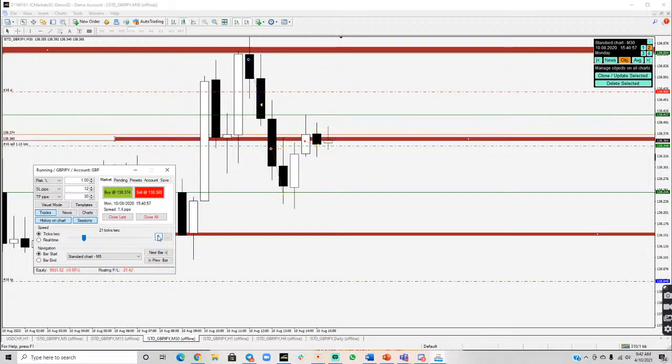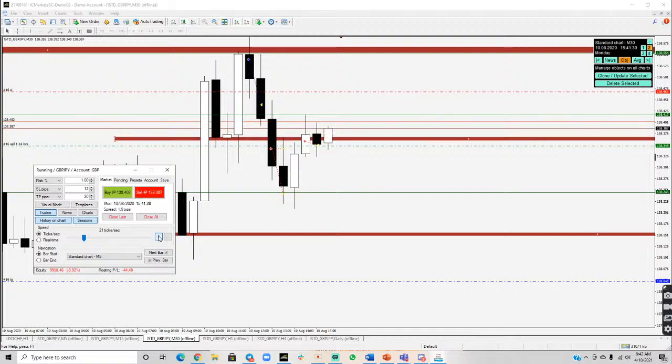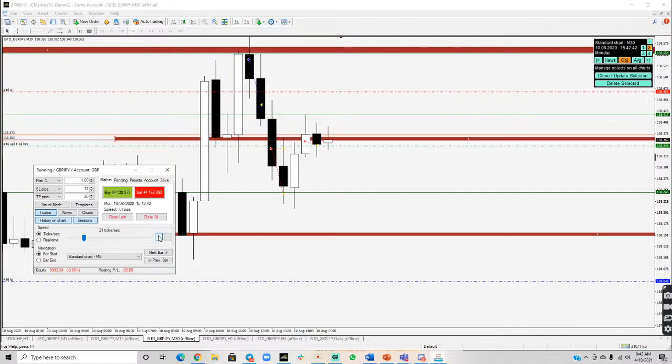But at the same time, you just have to bear in mind that you don't have any control over the Forex market, and you have to manage your risk as you go along. So my aim in the market is to always keep my losses small. Learn to keep your losses small in the Forex game.